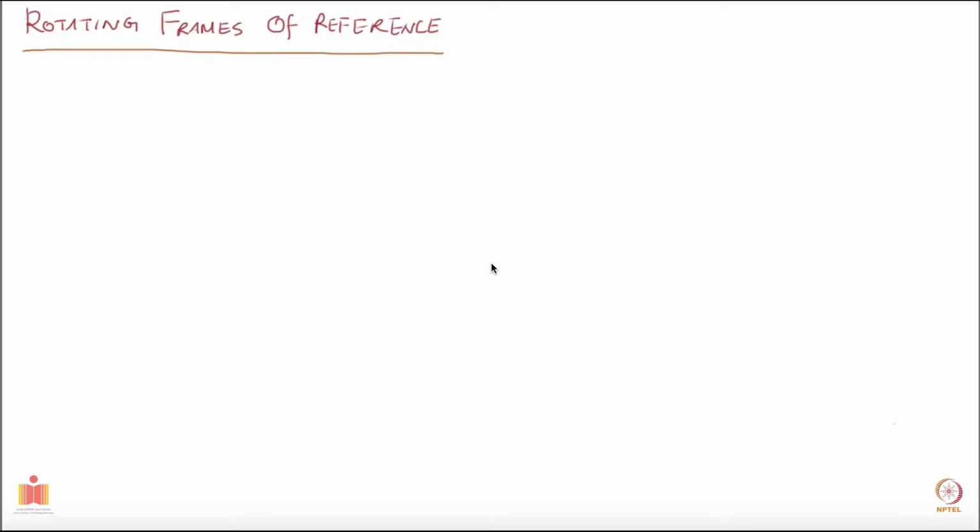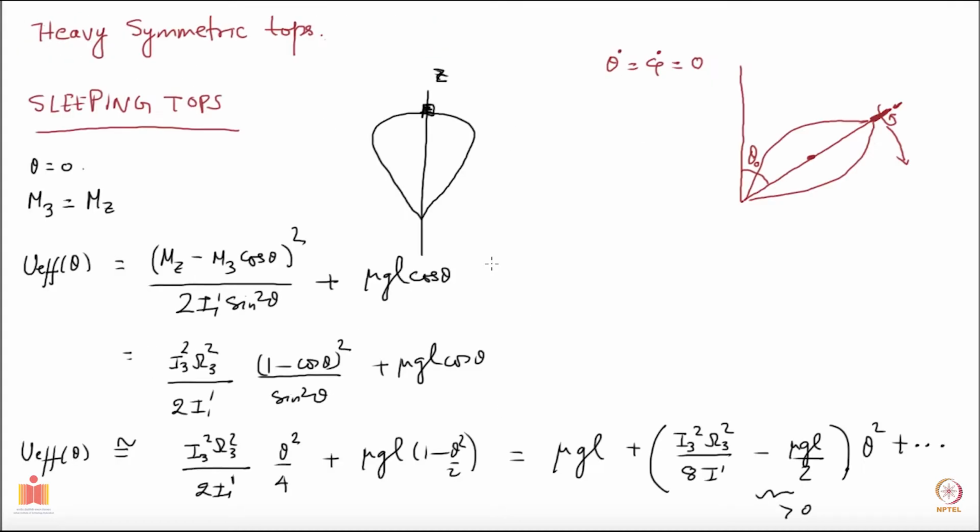used in figuring out the motion of all these tops that we talked about. In all the discussion that we have had so far, we never used any equations of motion. All we used, if you recall, was only the conservation principles.